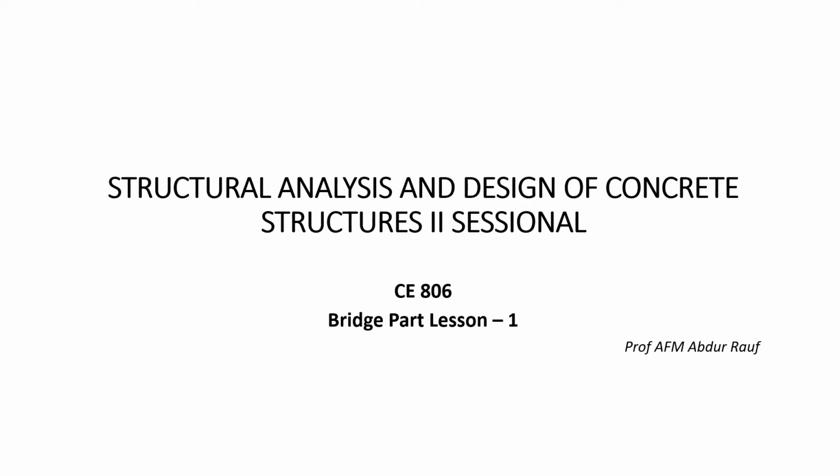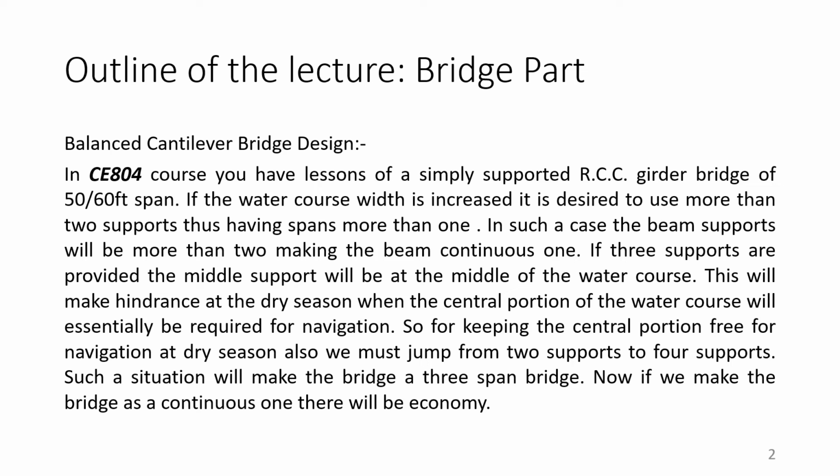In the previous course of CE804, you learned about bridge design, and that was a simply supported girder bridge. And before that, you learned about a slab bridge where no girders were used. Now we will go for a longer bridge, and if the bridge span is increased, then 2 supports will not be sufficient.